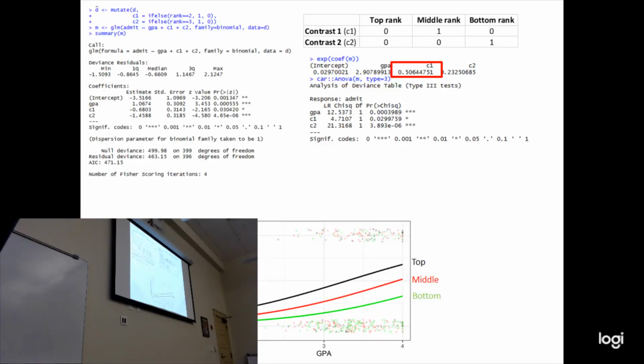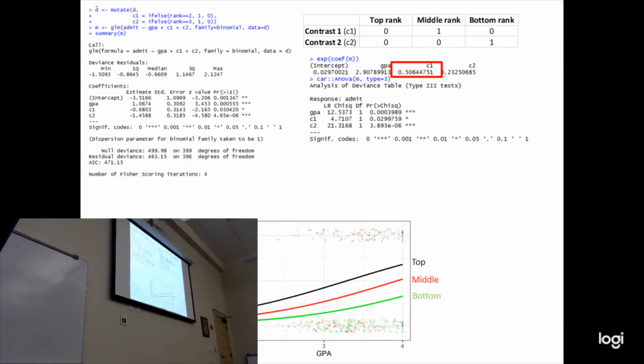That's right. So decrease in odds by a factor of 0.51 from top to middle rank schools.